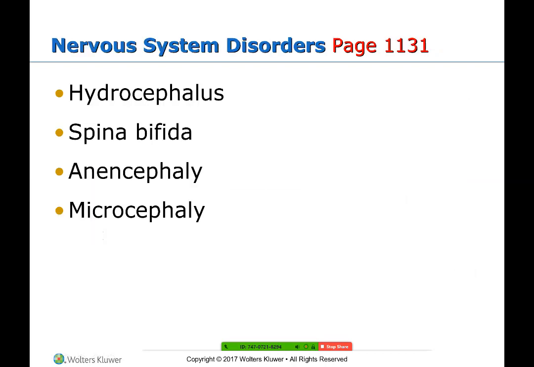Next one we have is nervous system disorders. And we've talked about these: hydrocephalus, spina bifida, anencephaly, and microcephaly. These are neural tube defects. When we talk about neural tube defects, the neural tube, remember, is what goes into being the brain and the spinal cord and so on. So neural tube defects, they are congenital disorders. And these are disorders that are related to genetic abnormalities as one.